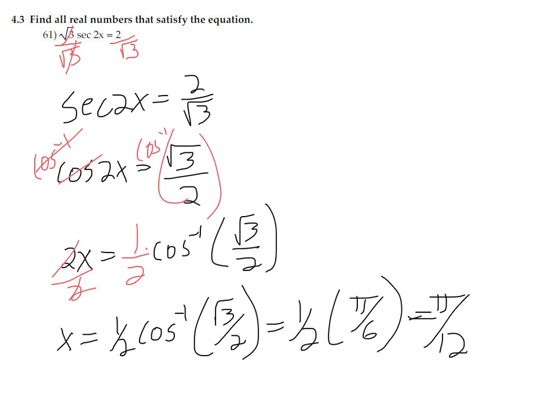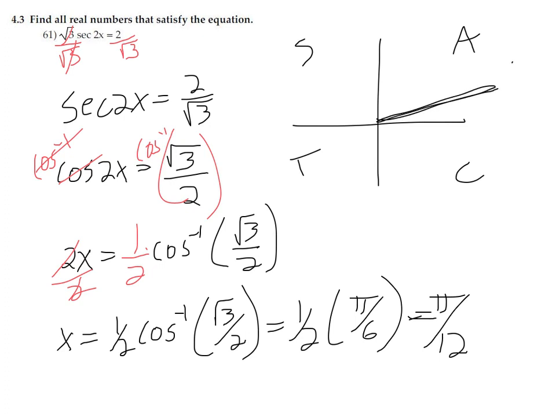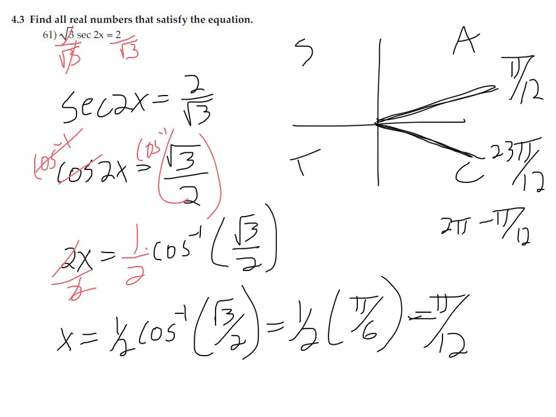It turns out that cosine's positive at pi twelfths here, but also here, which would be 23 pi twelfths. That's just 2 pi minus pi twelfths. So we have pi twelfths, we have 23 pi twelfths.